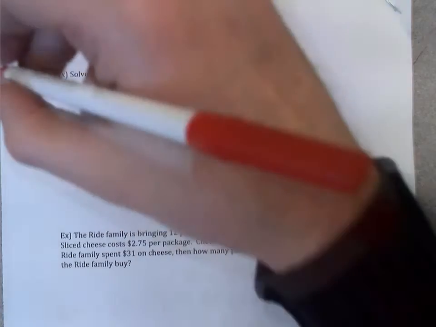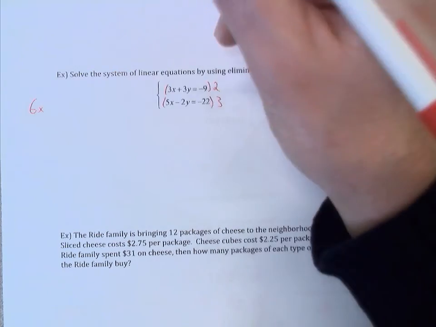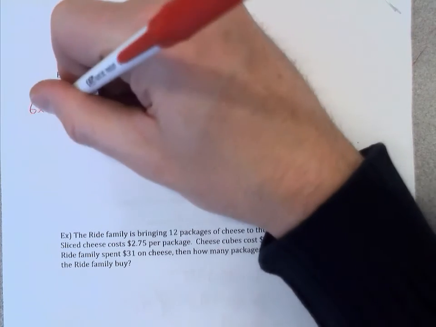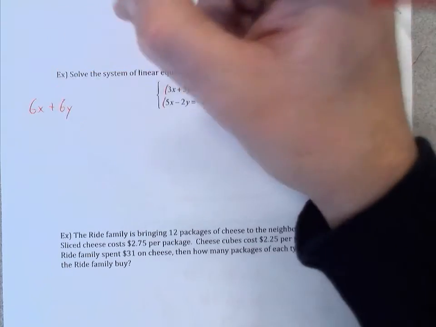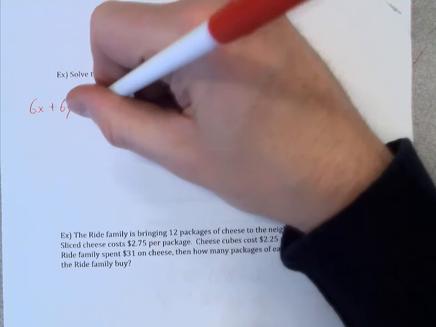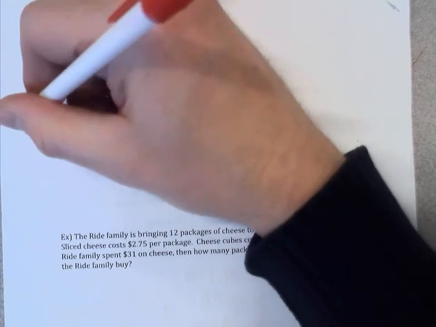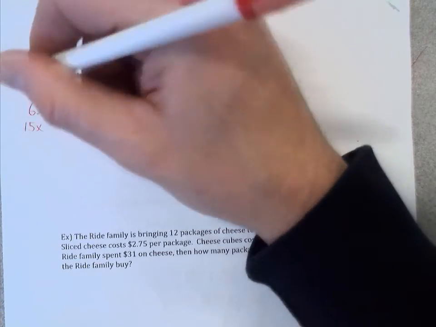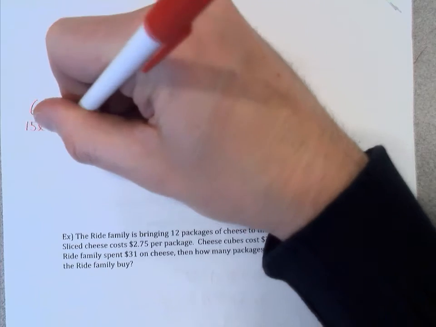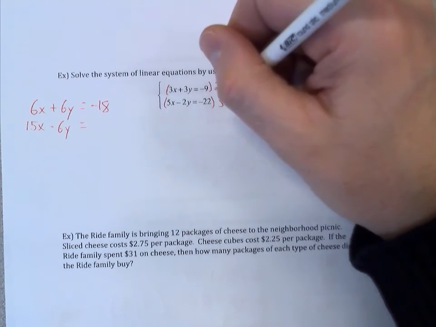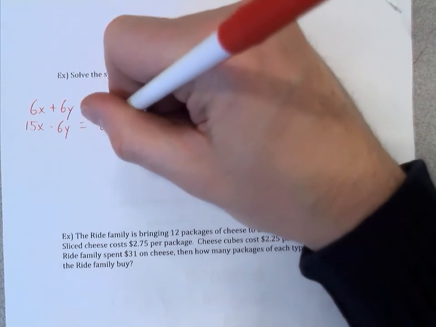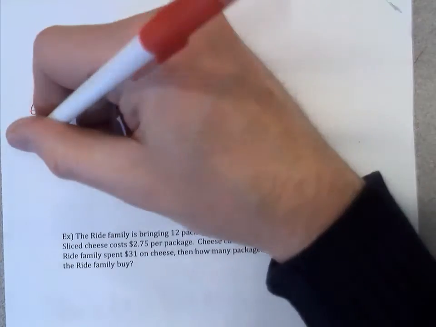By doing that, I'm now going to have 6x plus 6y is equal to negative 18. And that's going to be over, let's see, 3 times 5. We're going to have 15x minus 6y is equal to negative 66. 3 times negative 22.